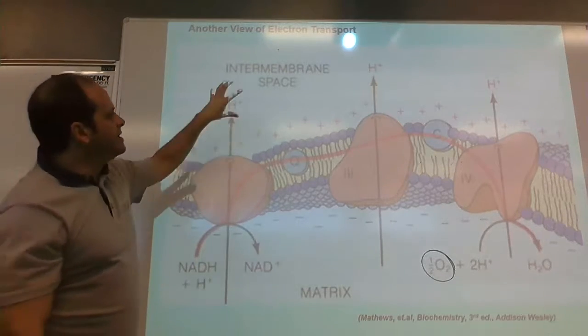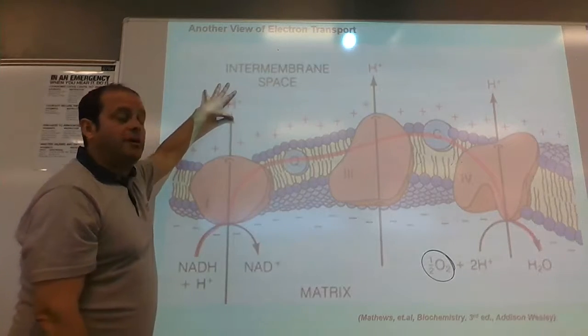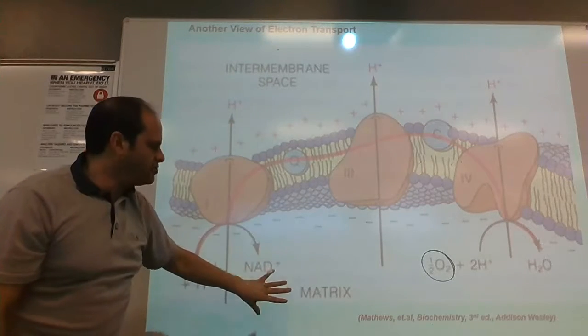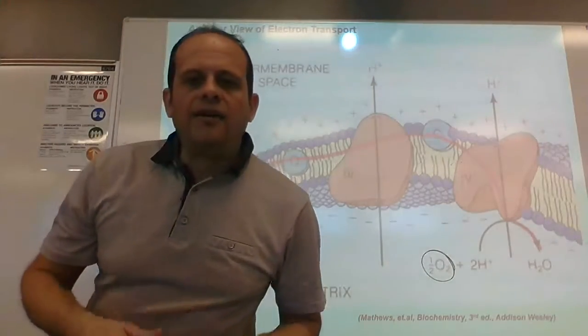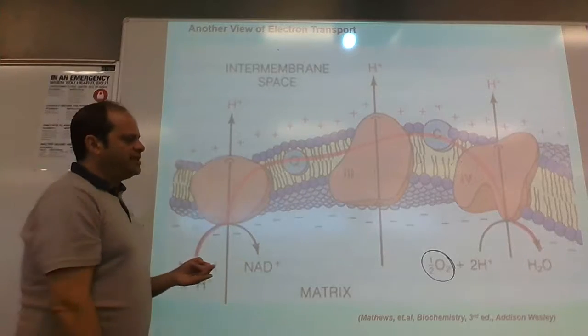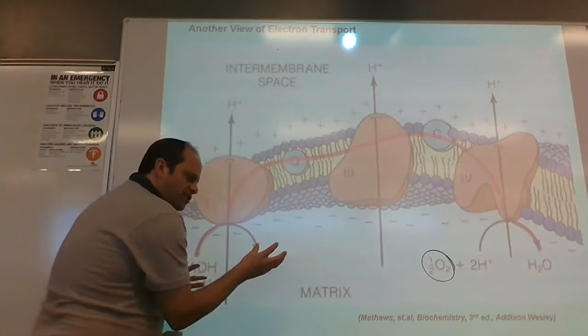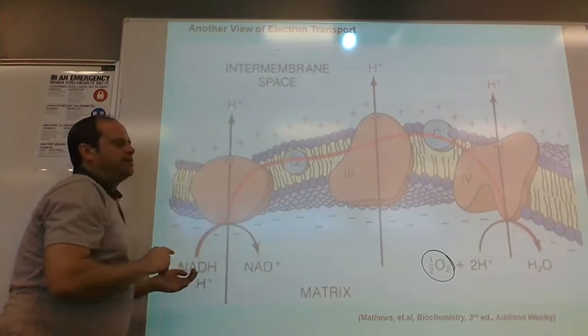The problem here is that the hydrogen ions are highly concentrated here in the intermembrane space, and they have a lower concentration in the matrix. So based upon our studies of active transport and diffusion, we see that we're going to have to use energy to get these hydrogens from the matrix to the intermembrane space.